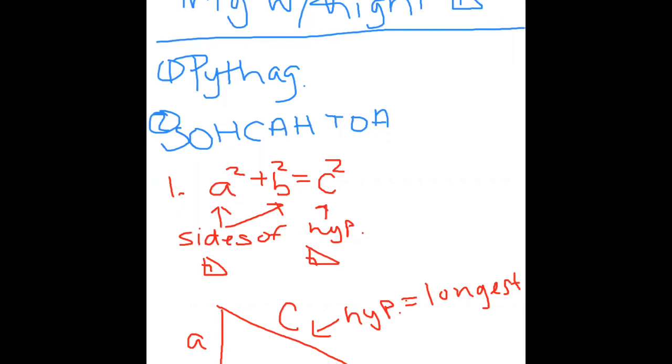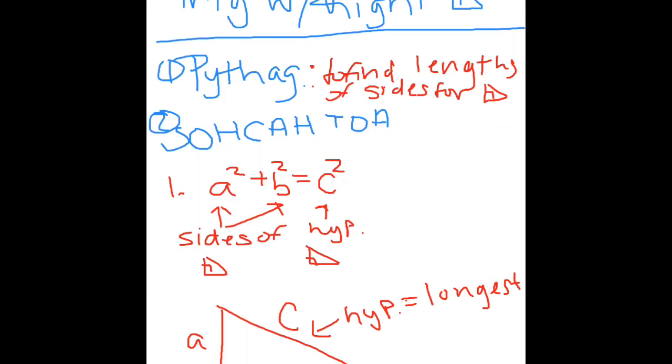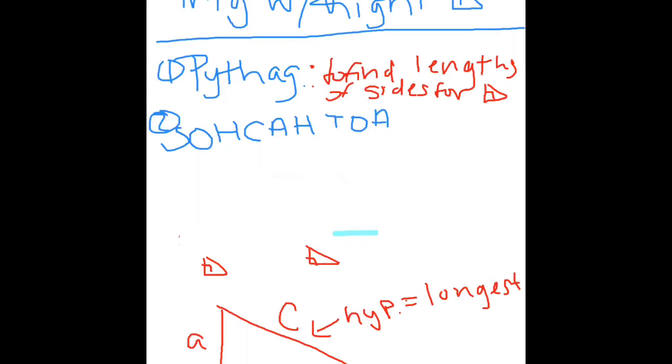So we use it to find the value of the length of the sides for the right triangle. Okay, so let's see the Pythagorean theorem in action, or what I mean by that.